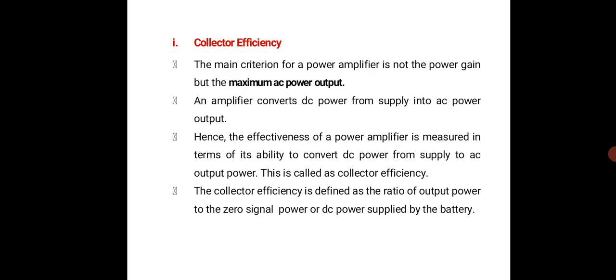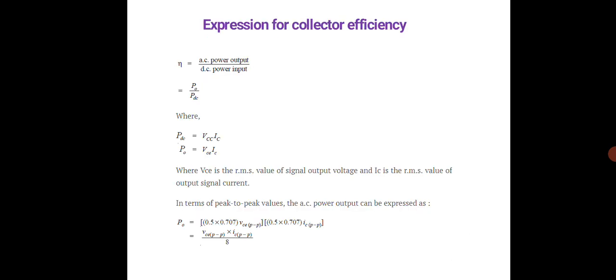An amplifier, obviously we know, will convert a DC power from supply into an AC output. Hence the effectiveness of a power amplifier is measured in terms of its ability to convert DC power from supply to AC output power. This is called collector efficiency, and it is normally defined as the ratio of output power to the zero signal power or DC power supplied by the battery.